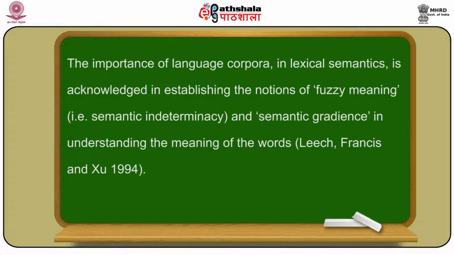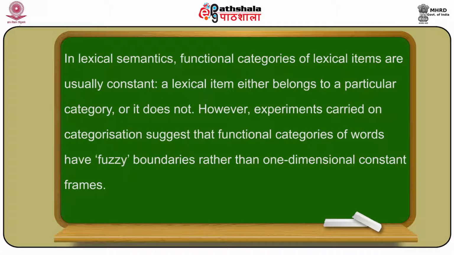In lexical semantics, we find that functional categories of lexical items are usually constant. That means a lexical item either belongs to a particular category or it does not. However, experiments carried out on categorization suggest that functional categories of words have fuzzy boundaries rather than being one-dimensional. So traditionally, we identify that a word belongs to this category or that category.